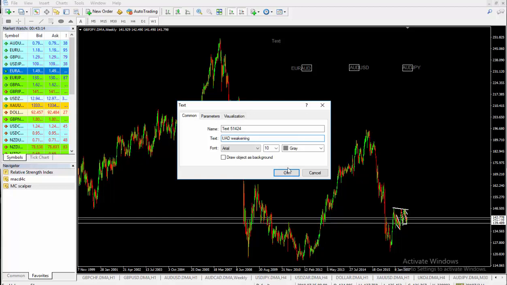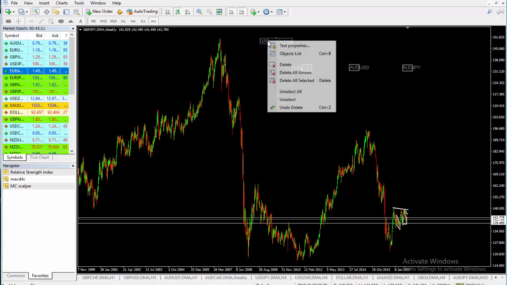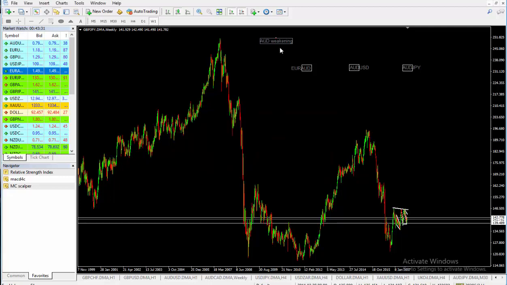Let's say AUD is weakening, meaning it's losing strength. So we must sell it. If we want to sell AUD USD, what are we going to do with Euro AUD?